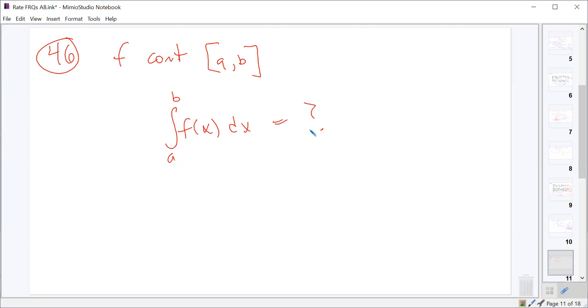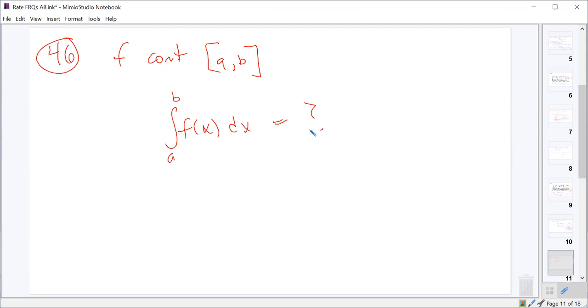And so for this one, they are just having us look at the mean value theorem for integrals. That's the only theorem we really got with our integrals that we'll deal with.